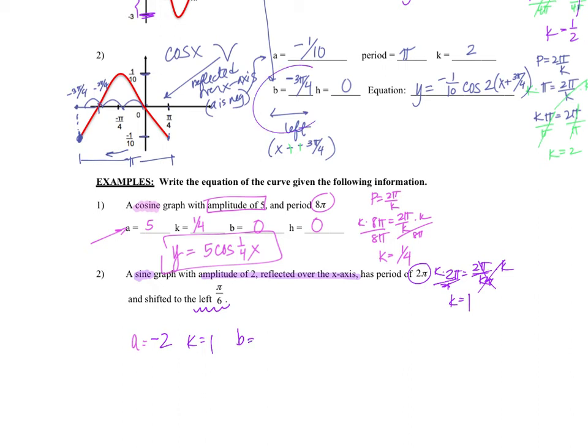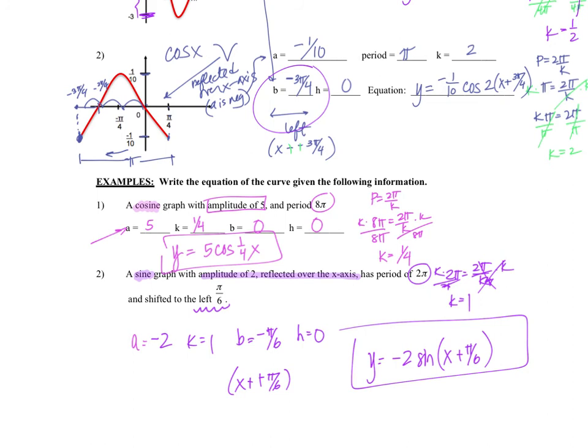So kind of like we did up here, if it's going to the left, then the B value is negative pi over 6, but when I put it into my equation, right, x minus a negative pi over 6, that's going to do a double sign change. Okay, and it doesn't tell me anything else, so my H value is 0. So go ahead and write that equation then. So I get y equals negative 2 sine of parentheses x plus pi over 6.